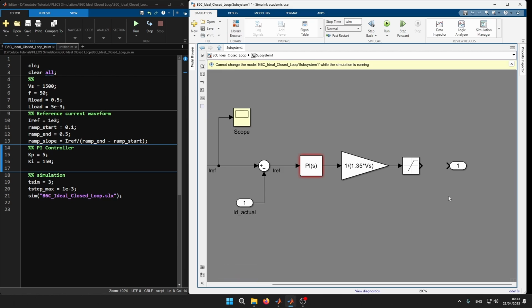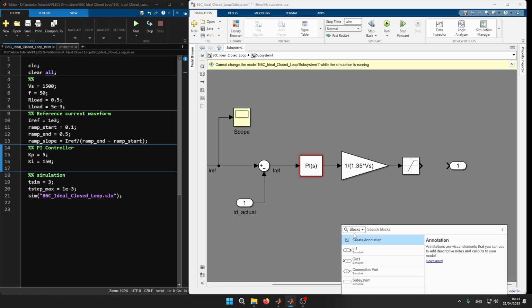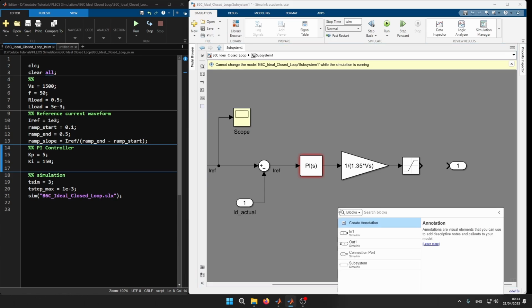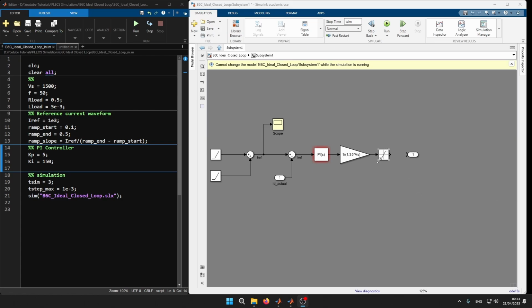If you remember, the output voltage for this controlled three-phase rectifier bridge, VDC, is equal to 1.35 times, maybe I write it here, VDC is equal to 1.35 times Vs, which is the line-to-line RMS voltage, times cosine of alpha.